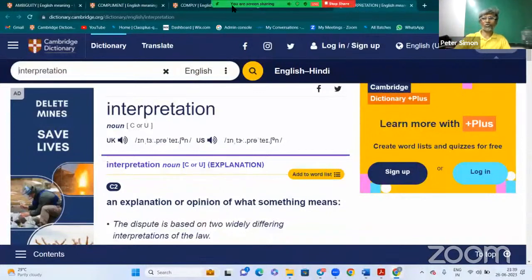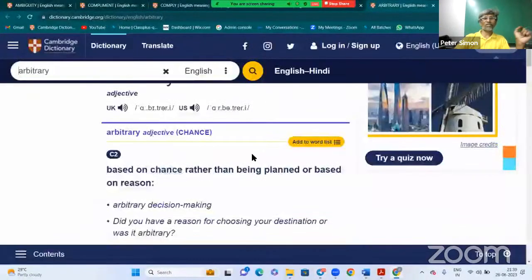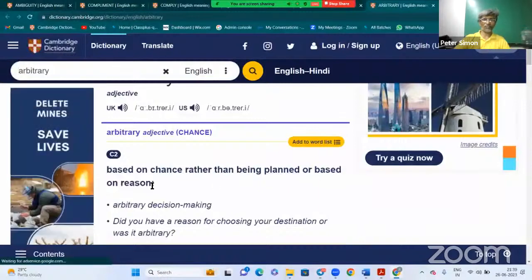So all of you, what you can do is go to the Telegram channel and take these words. So, arbitrary. C2 vocabulary: based on chance rather than being planned or based on reason. Arbitration. So yes, arbitration means for decision making, you have to decide. It's not an order, it's not a rule or a regulation.